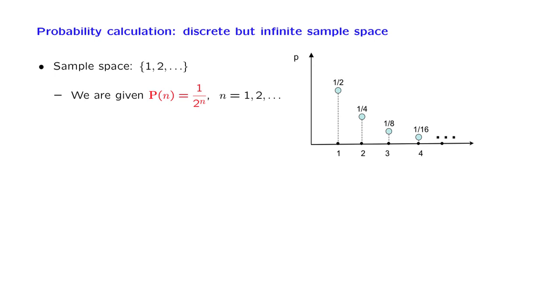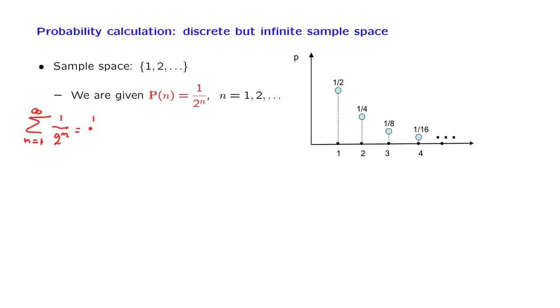Before we look into that question, let us first do a quick sanity check to see whether these numbers that were given look like legitimate probabilities. Do they add to 1? Let's do a quick check. So the sum over all the possible values of n of the probabilities that were given, which is an infinite sum from n starting from 1 all the way up to infinity of 1 over 2 to the n, is equal to the following.